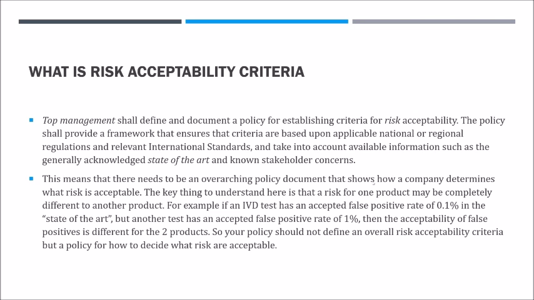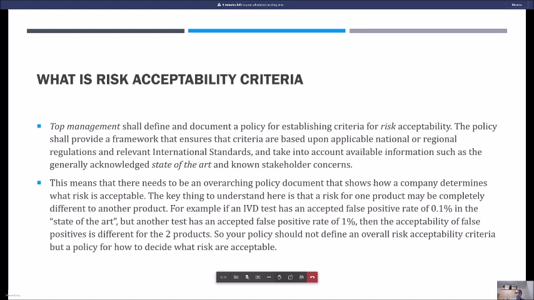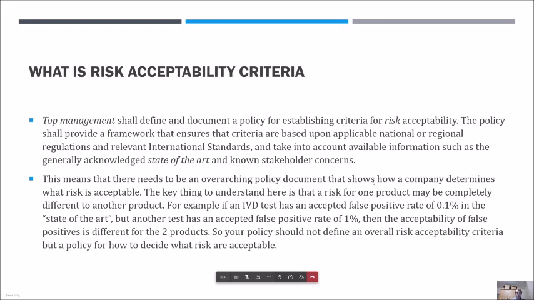The key thing to understand here is that a risk for one product may be completely different to another product. For example, if an IVD test has an accepted false positive rate of 0.1% in the state of the art, but another test has an accepted false positive rate of 1%, then the acceptability of false positives is different in the two products. So your policy should not define an overall risk acceptability criteria, but a policy for how to decide what risks are acceptable.